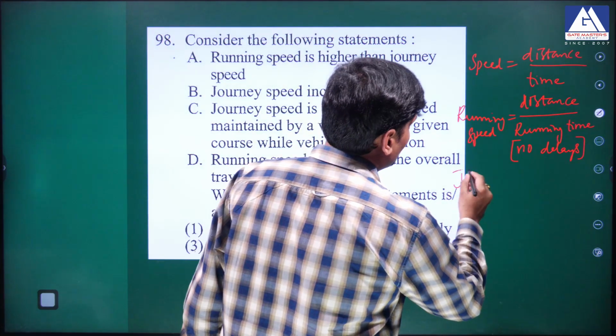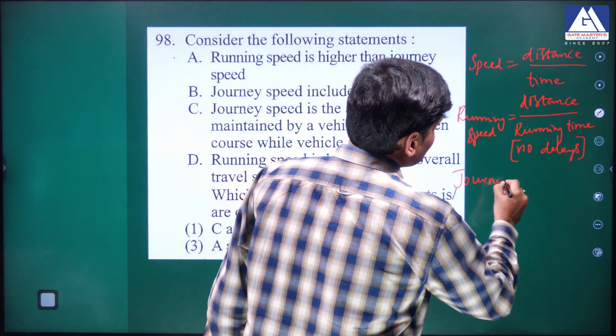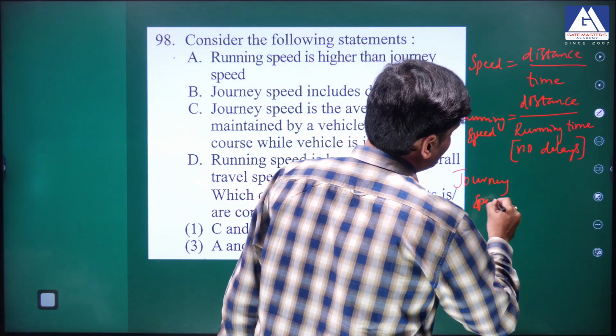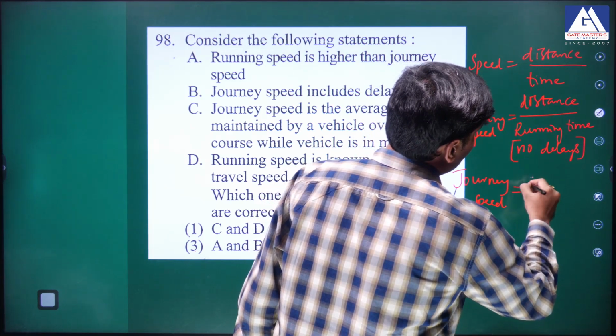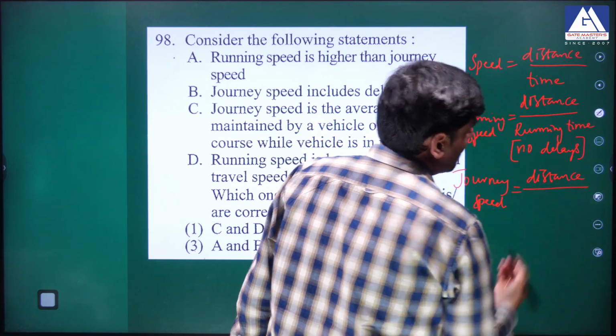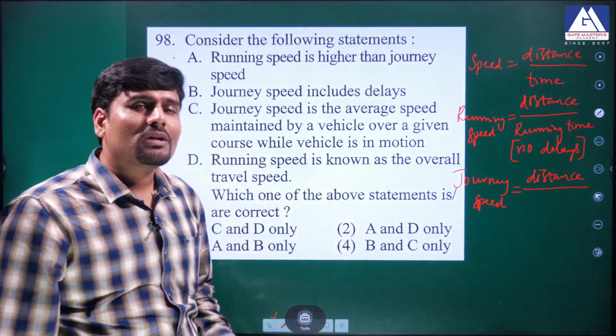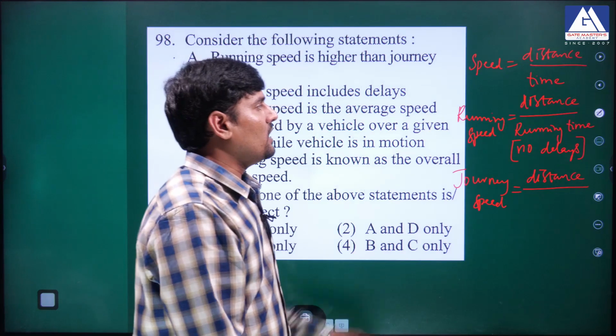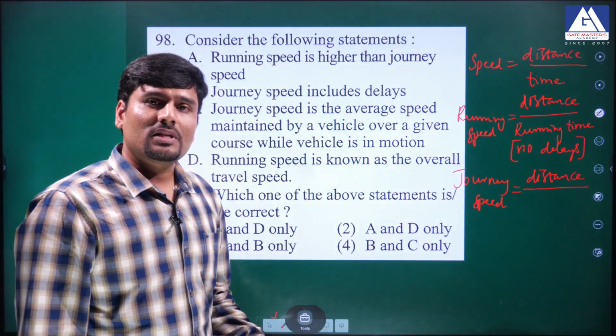And there is another speed called journey speed. The journey speed can be calculated using distance. Distance is fixed between Hyderabad and Vijayawada, and in the previous case also distance is fixed.